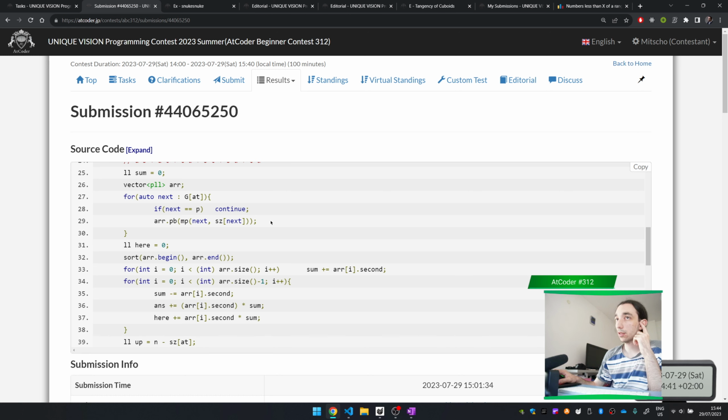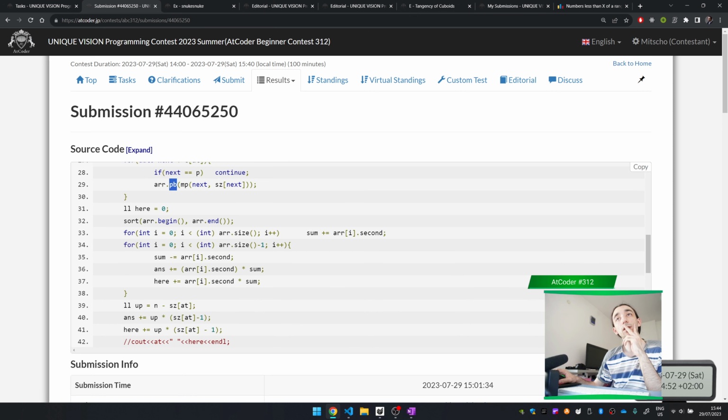Yeah, this is the magic sauce. What is the next vertex and the size of the next vertex in an array, and then you sort the array and then you calculate this.